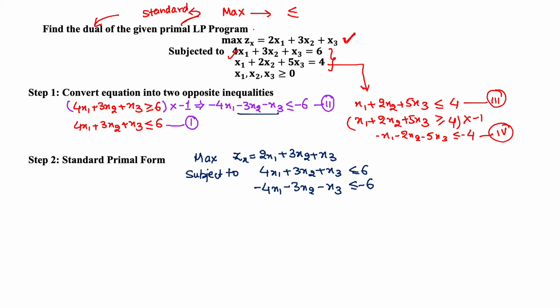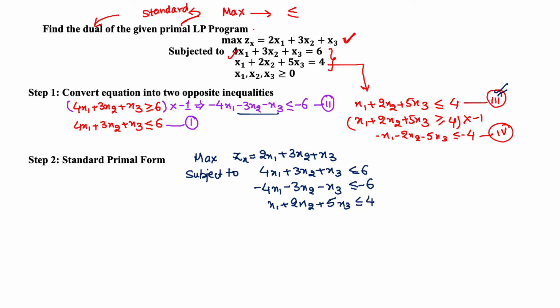Okay, next we are going to write the third one, which is x1 plus 2x2 plus 5x3 less than or equal to 4.